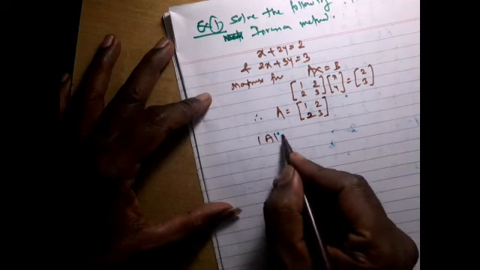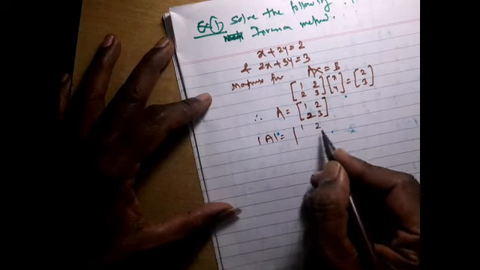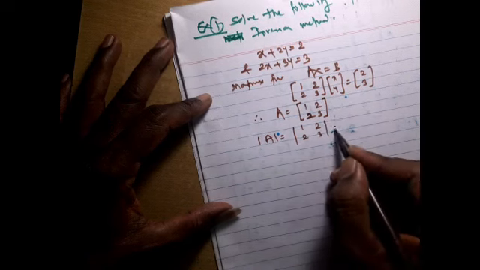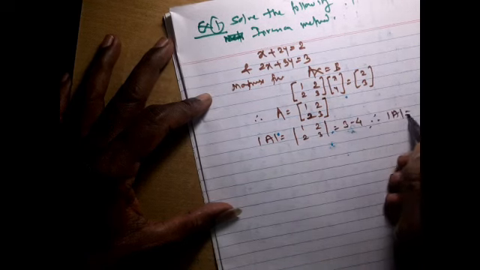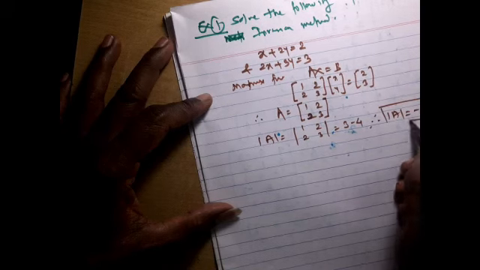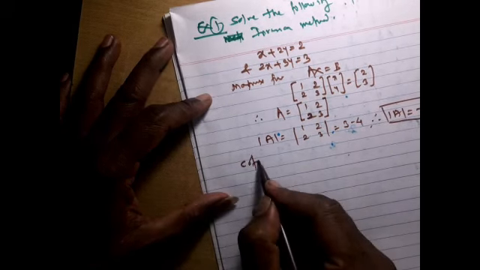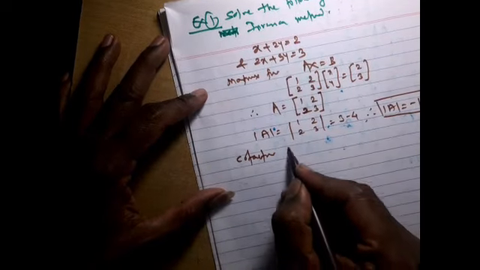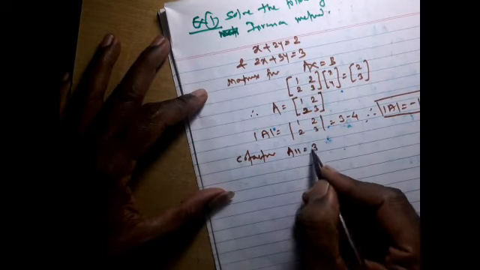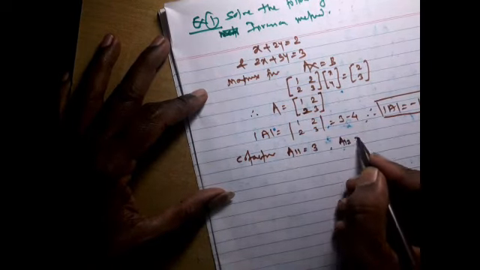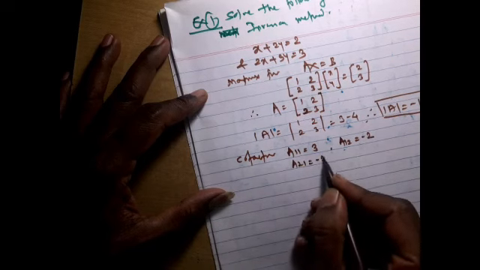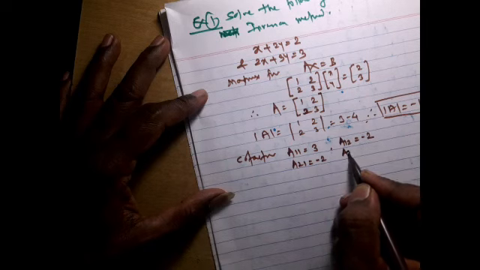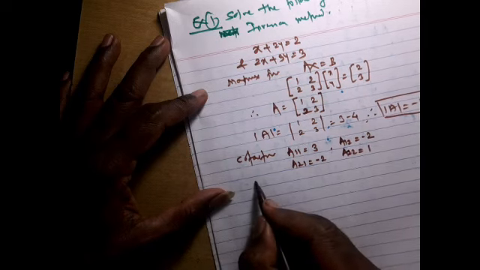Now determinant of A is |1 2; 2 3|, that is 3 minus 4. Therefore determinant of A is minus 1. Now cofactors: A11 is 3, A12 is minus 2, A21 is minus 2, and A22 is 1.